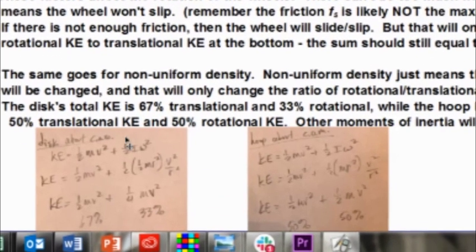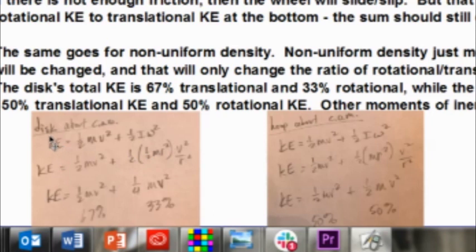So here are the calculations that I show for the disk about the center of mass. The kinetic energy is the sum of the translational kinetic energy plus the rotational kinetic energy. And when I change omega to v over R and insert 1/2 mR² for a disk about its center of mass for moment of inertia, I simplify the equation down to this, and you can see that the total kinetic energy is this term plus this term, and this is 1/2 of this amount.